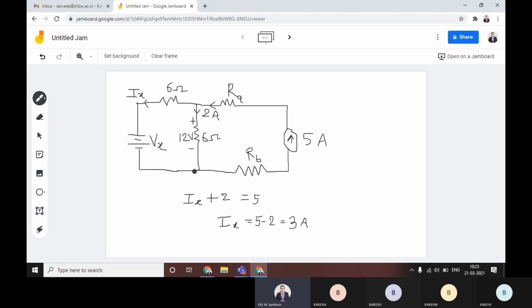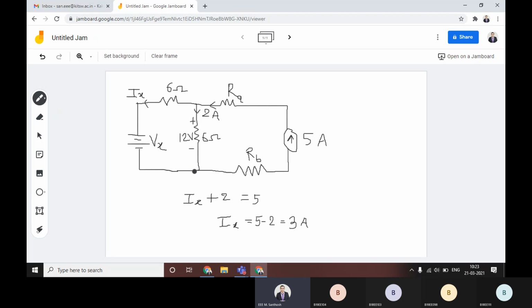You have to check and apply that. Not that after getting the problem you directly apply KVL or KCL. If there is any clue in the circuit, observe it for at least 2 or 3 seconds after reading the question. Within 5 seconds you can decide whether you go for KCL or KVL.